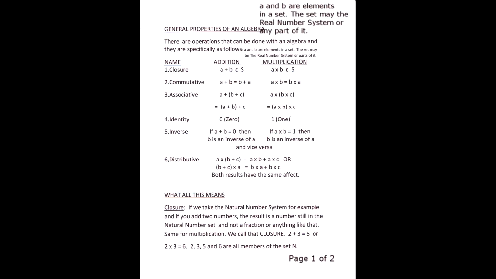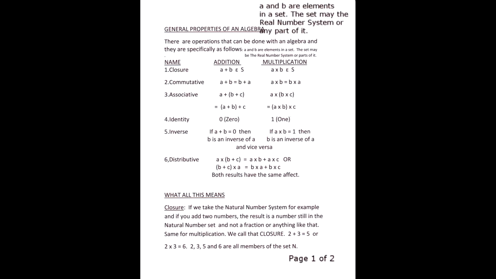You can add any two numbers together and add a third number to it in any order that you like. So (A plus B) plus C is the same as A plus (B plus C), and the same applies to multiplication. This doesn't sound like very much, but it is important in our vocabulary and future studies in mathematics.